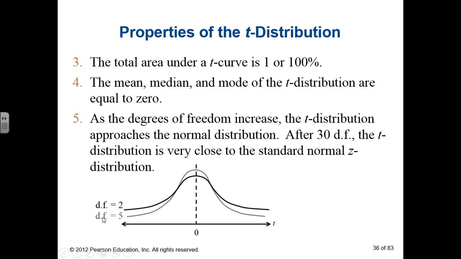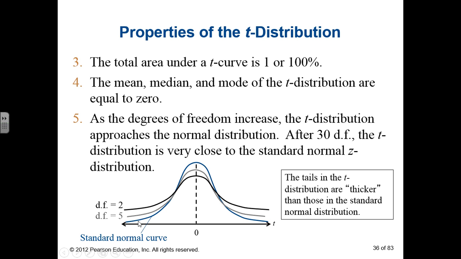Now, if we increase the degrees of freedom, the tails start dropping down and it starts getting taller. And then if we go all the way up to degrees of freedom being 30, it's following almost exactly the standard normal, which is a taller, thinner bell than the t-distribution.